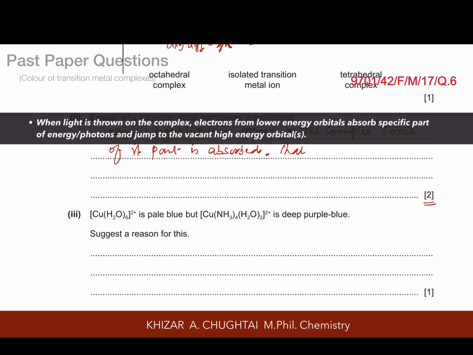That causes the promotion of electron from low energy orbital to high energy orbitals.